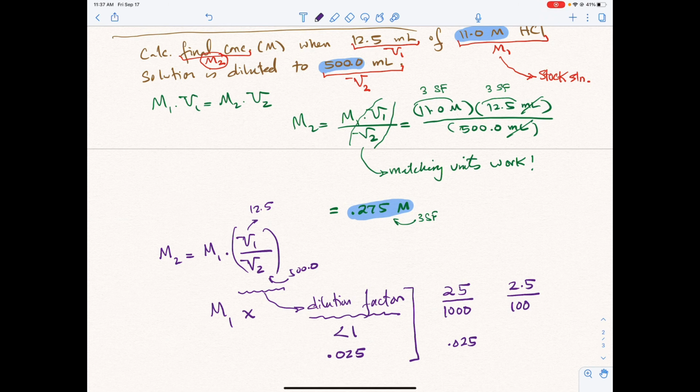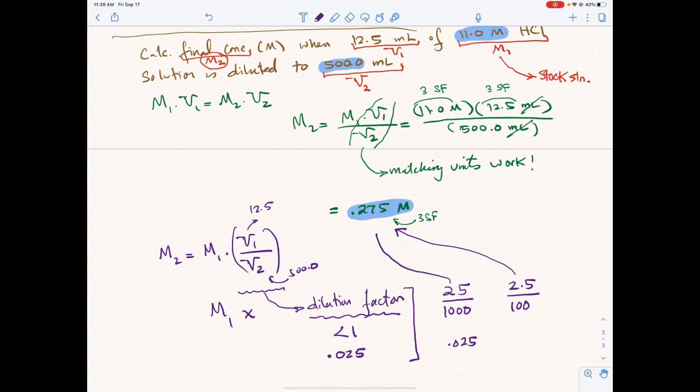Notice I can move the decimal to the left or to the right. So 25 over 1,000 is the same ratio of 0.025 as 2.5 over 100. So you could take 2.5 ml of the initial stock solution of 11 molarity and dilute it to 100, and you can get the same concentration this way too.